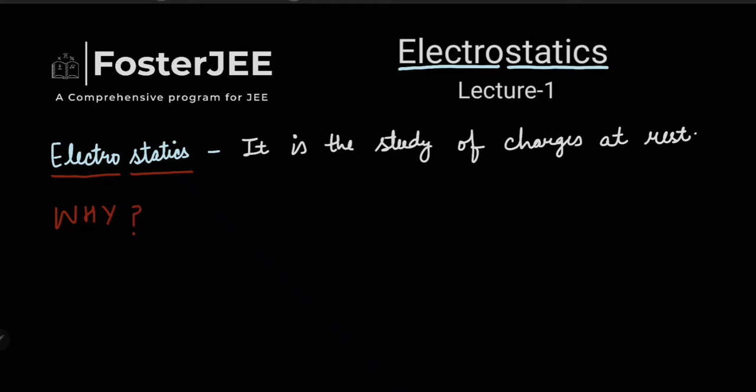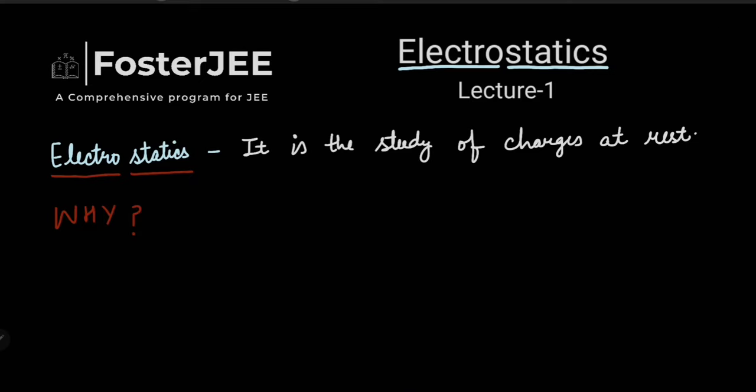Now, we all have noticed that when we rub a comb on dry hair, it acquires some sort of energy, or we can say it acquires some charge, due to which when this comb is taken closer to small bits of paper, the comb is able to attract or lift some of these bits. Why does it happen so?